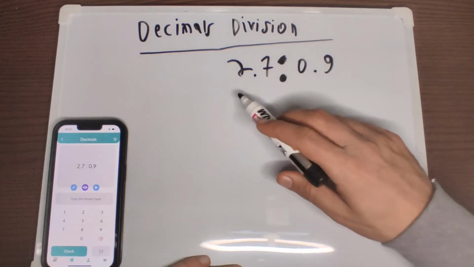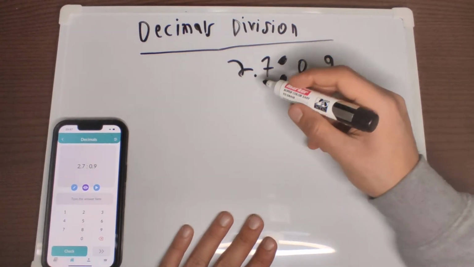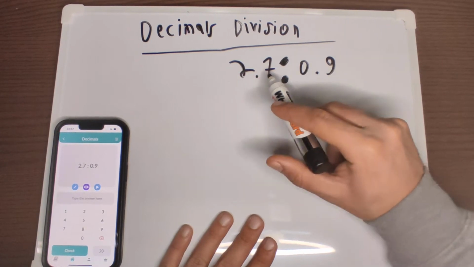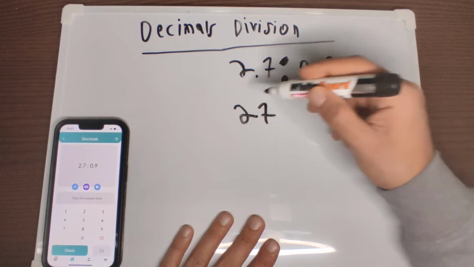How will I do it? Here I will multiply both numbers by 10, and so 2.7 times 10 is 27.